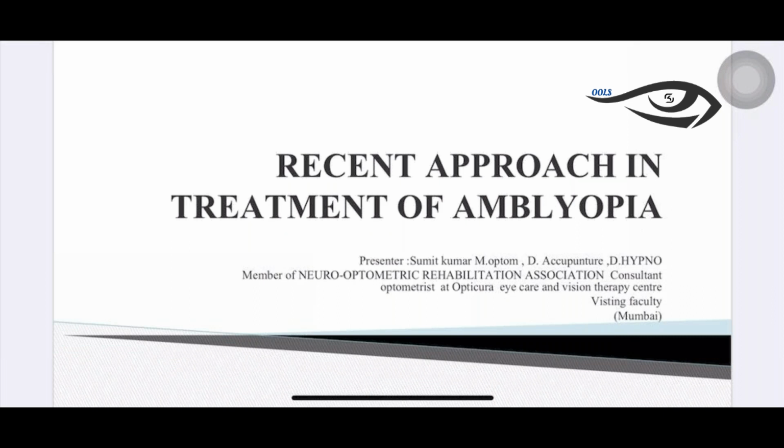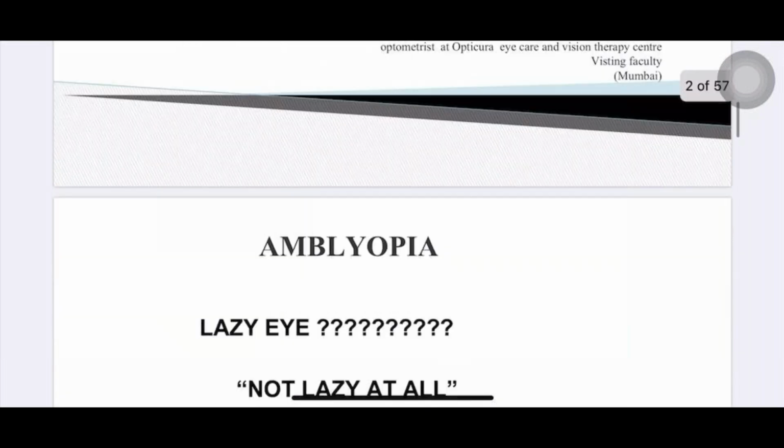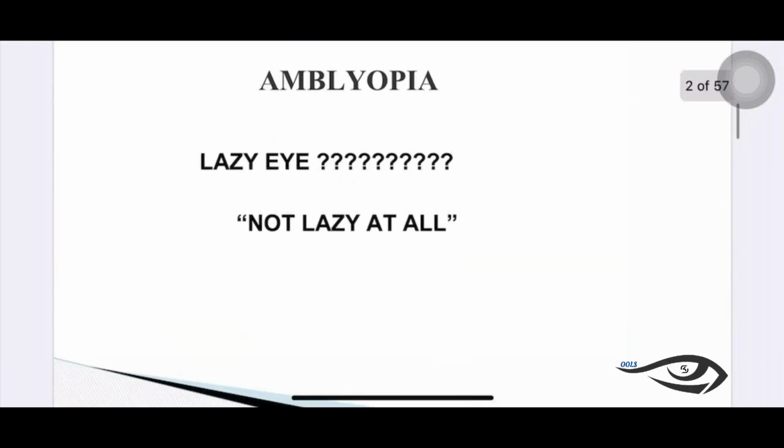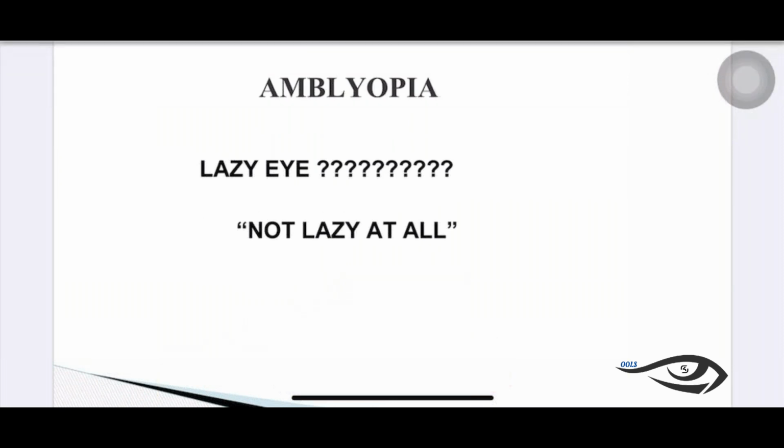Let's start. I'm going to talk about the recent approaches in the treatment of amblyopia. Whenever we think about amblyopia, most people say it's a lazy eye. But if we see, there is nothing lazy in the eye. The eye is not lazy at all. Why is the eye not lazy?